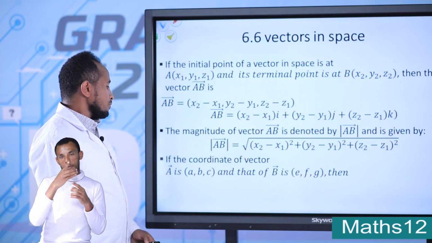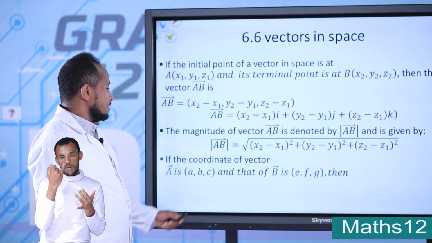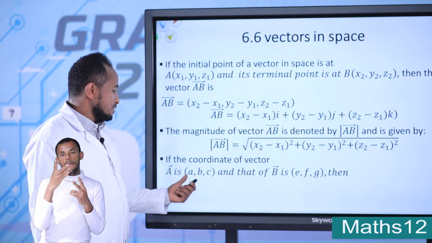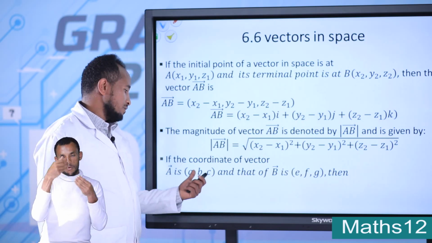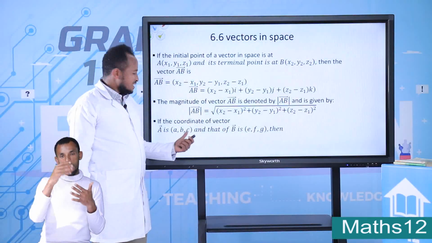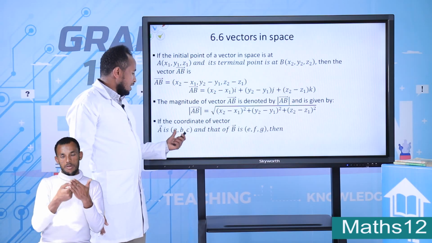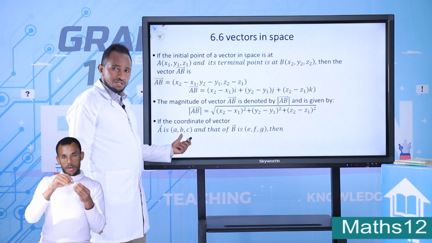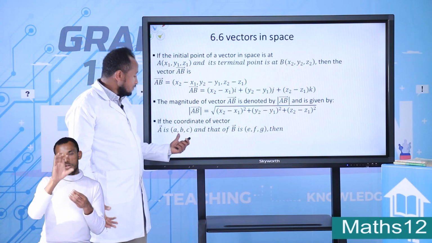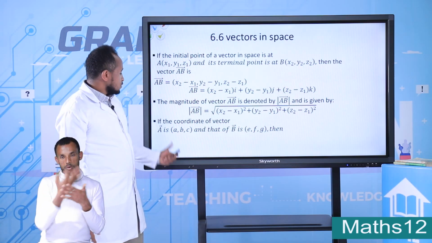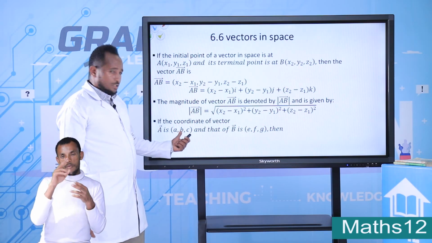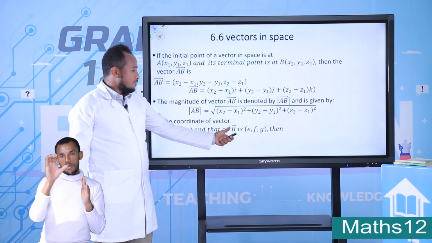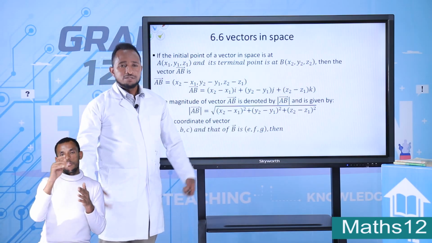So we can use this equation to calculate the magnitude of the given vector. Now, if vector A is given in the form (a, b, c), by the way, you can write this as a in the i direction plus b in the j direction plus c in the k direction. Say the coordinate vector of A is (a, b, c) and that of B is (e, f, g).